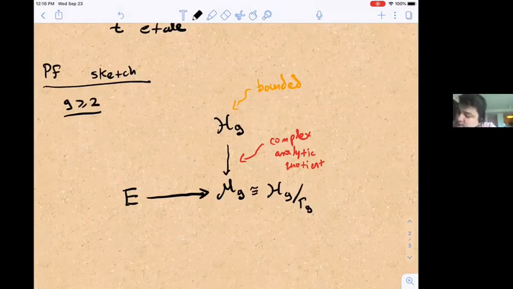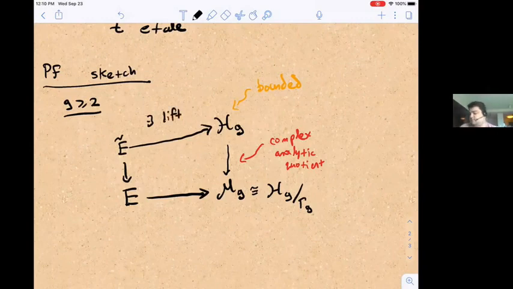But now, by some topology, this lifts to the universal cover like this. And by, well, the universal cover is a local homeomorphism, so E tilde also gains a complex structure. And this map E tilde to Hg is some holomorphic map.